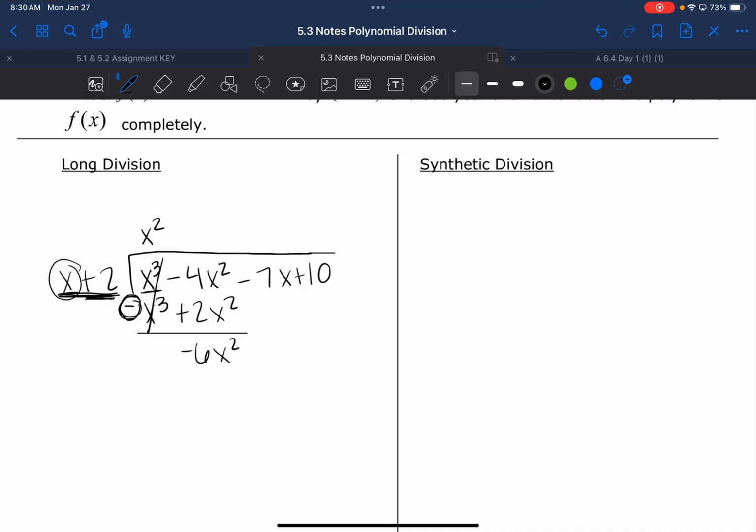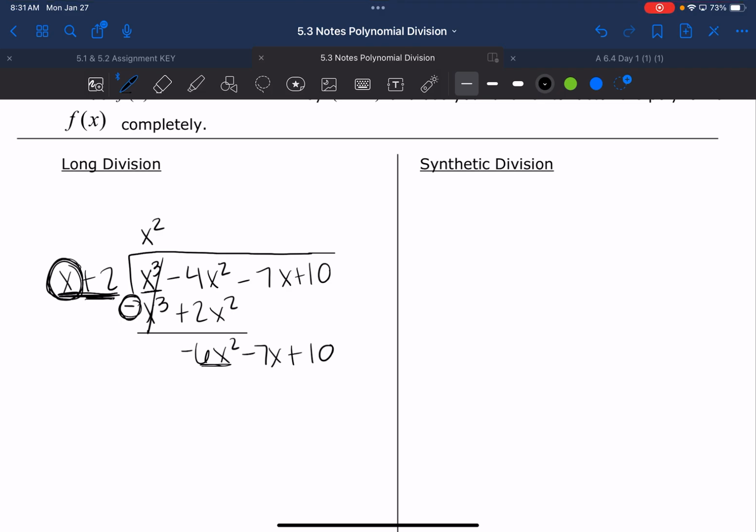Okay, and then just like in your elementary long division, you bring down the next piece of your polynomial. So we're going to bring down everything we have left, which would be our negative 7x plus 10. Now I'm trying to think to myself, this x, what could I multiply it by to turn it into negative 6x squared?